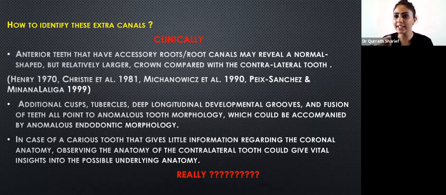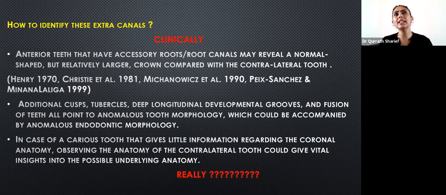Or if you see the cingulum area, there can be the presence of a tubercle. And one of the most classic features is the developmental grooves. These developmental grooves are normally present on the labial or buccal aspect of your root, as well as the lingual or palatal aspect of your root.